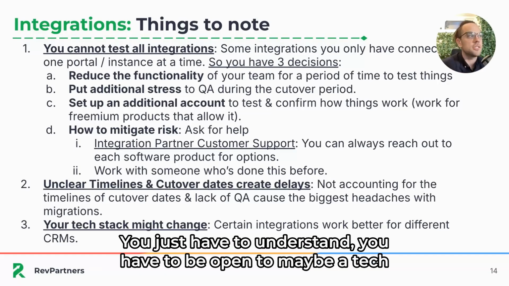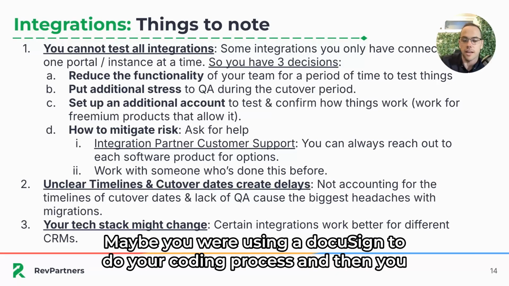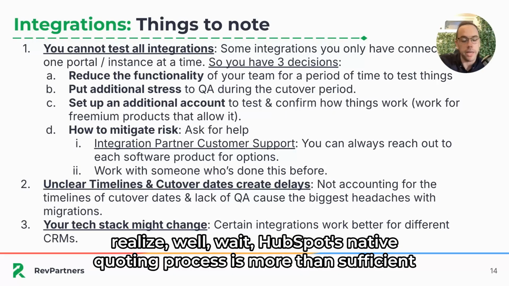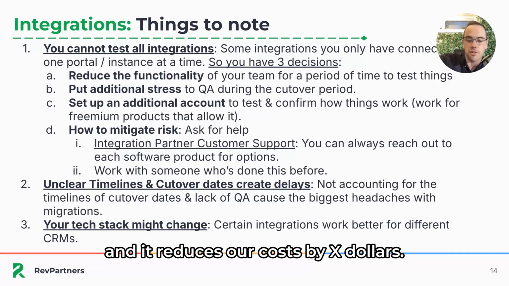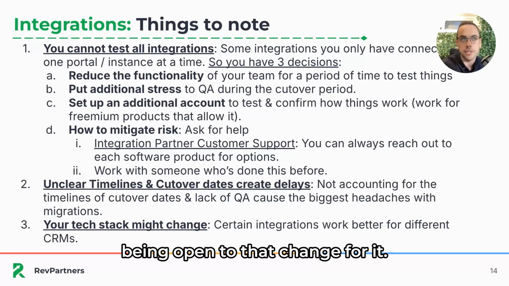You have to be open to your tech stack changing, and maybe you can get rid of an integration that you had. Maybe you were using DocuSign to do your quoting process, and then you realize HubSpot's native quoting process is more than sufficient, and it reduces our cost by X dollars. So just call out if your tech stack might change, and be open to that change.